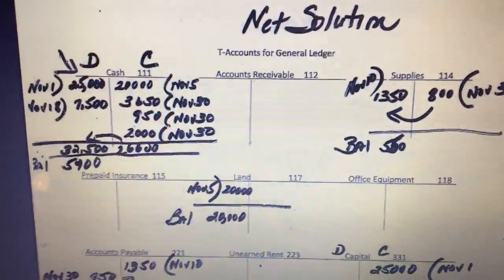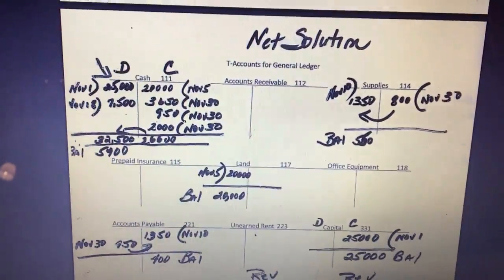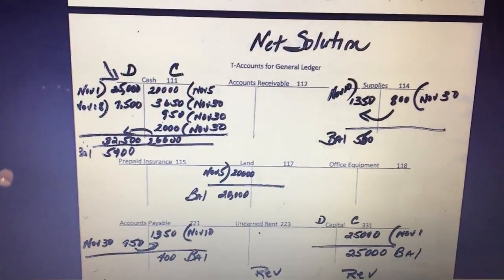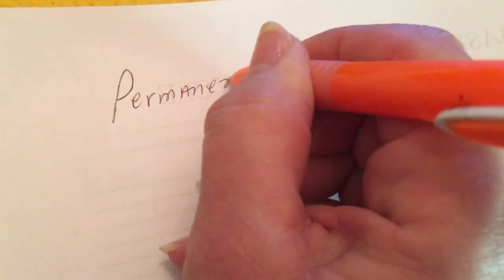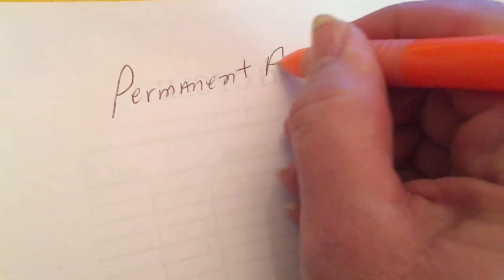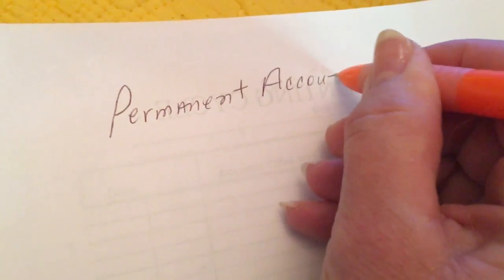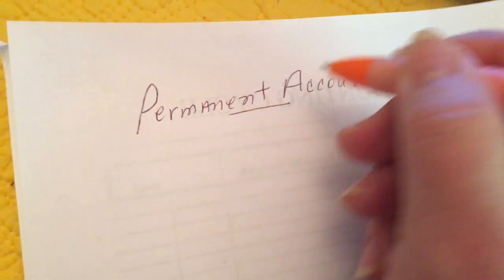Now, let me give you a little background as to what we're doing. We've done the financial statements, and at the end of the period, there are 2 categories of accounts. One category is called permanent accounts, and I may have already mentioned these to you. This is a good multiple choice, so you need to know about this.